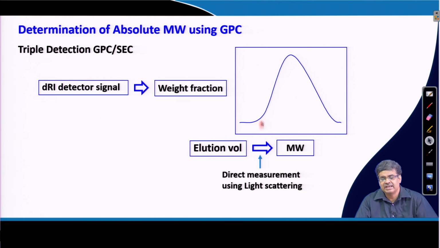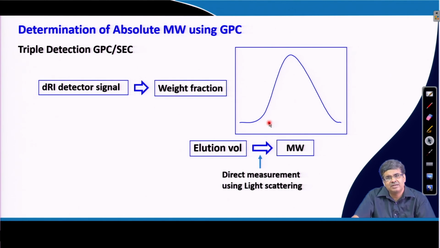Now, for the case of GPC, the concentration of each slice is extremely low. Hence, we can consider that the concentration is almost close to 0. If we know the amount of sample we have injected, then from the total area under the curve we know the amount of sample which has come out, assuming that whatever was injected has come out.